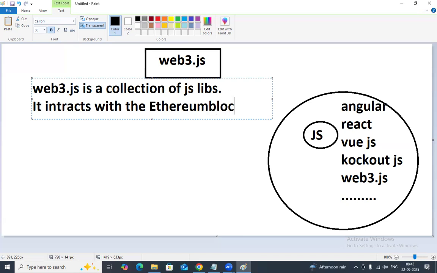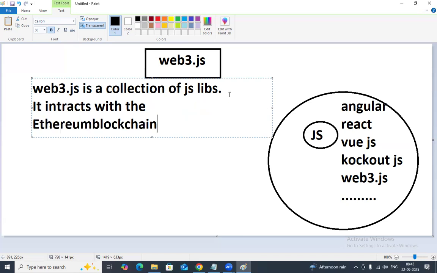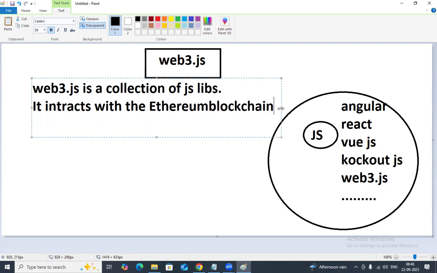The first fundamental point we need to understand is Web3.js is a collection of JavaScript libraries. The second point is it interacts with the Ethereum blockchain, and some other things also, decentralized applications.